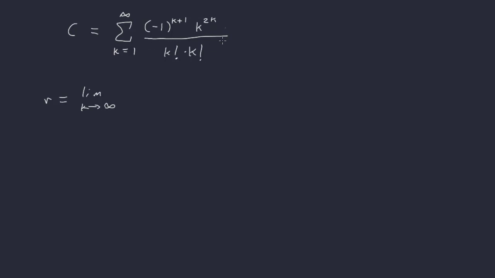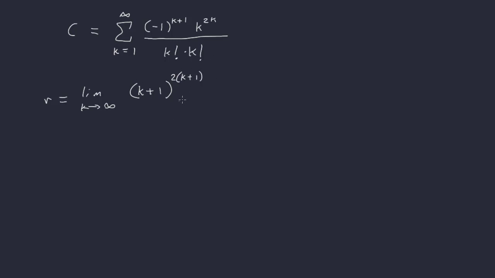This stuff here is positive, and we know the absolute value will get rid of that negative 1 stuff, so we can just skip straight to the k plus 1 step. So I'm going to replace every k with a k plus 1. So this k to the 2k will become k plus 1 to the 2 times k plus 1.